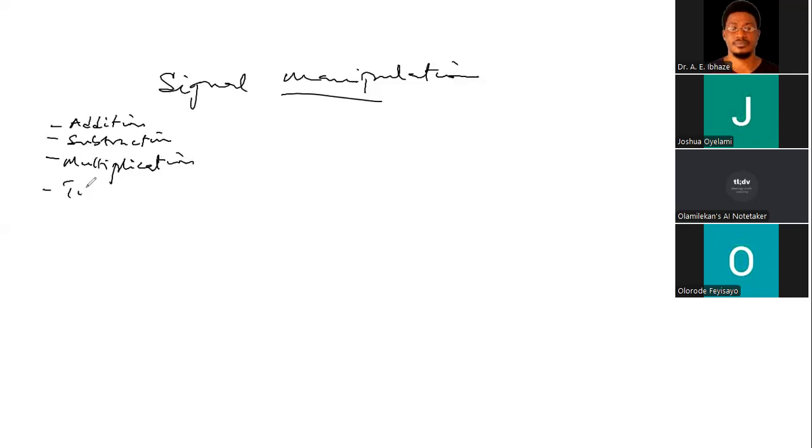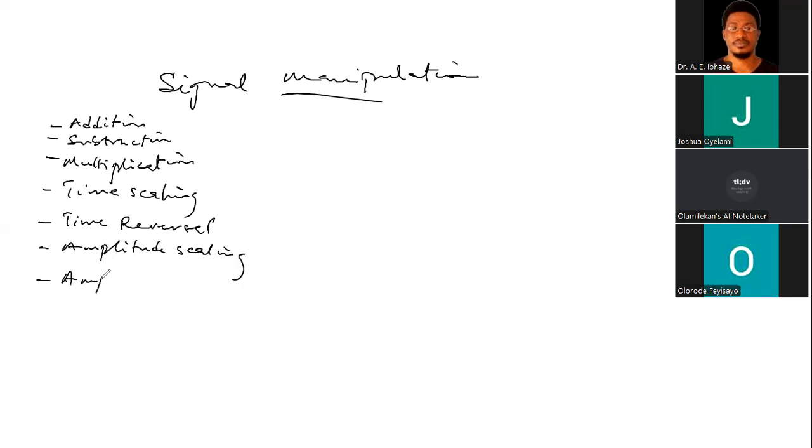Then we can move on to time scaling. Then which other operation do we consider? We have time reversal. Then we have amplitude scaling. Then we also have amplitude reversal.